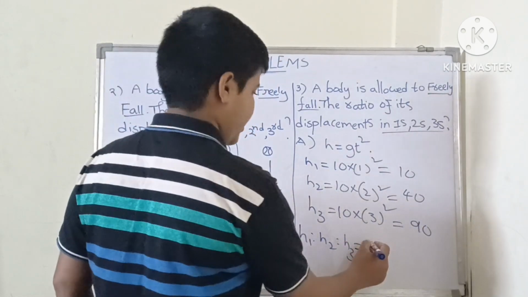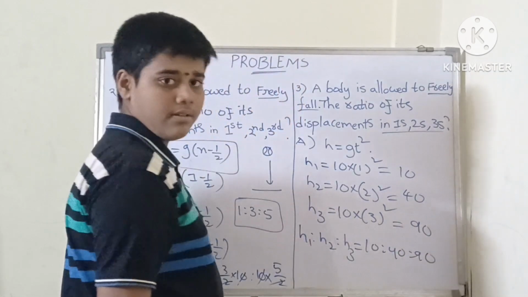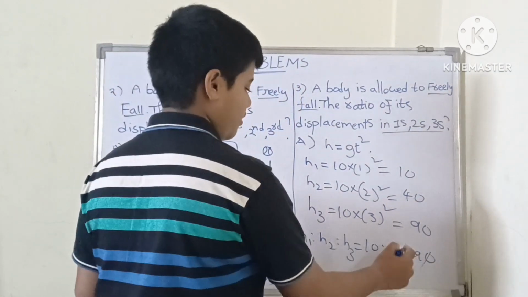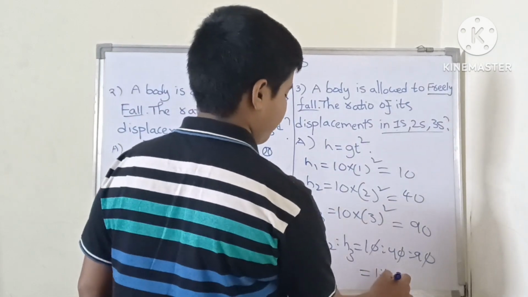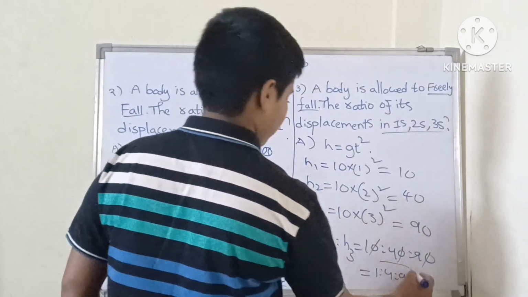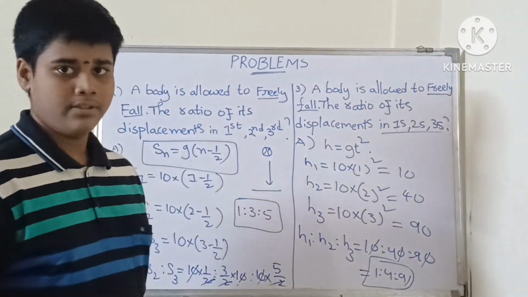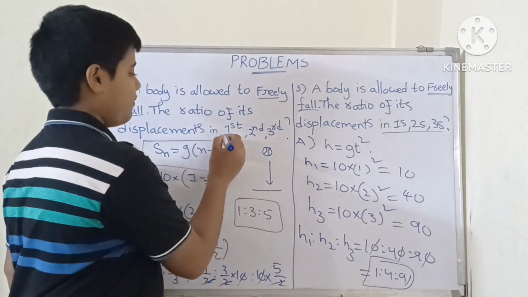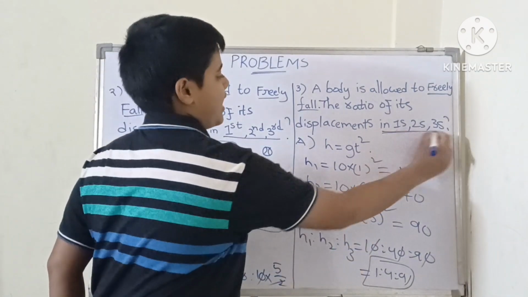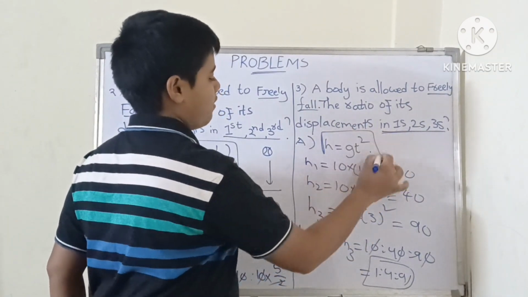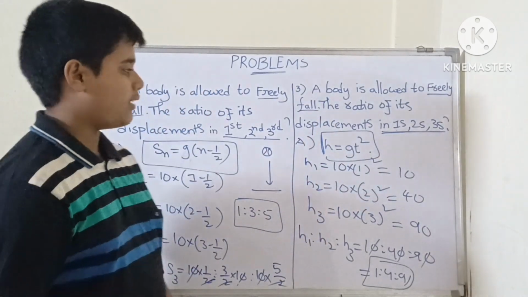If we find the ratio, 10 is to 40 is to 90, the zeros get cancelled and the remaining is 1 is to 4 is to 9. So the final result is 1 is to 4 is to 9. Very important: if they ask like this model, we have to take this formula. So these are the second and third sums.